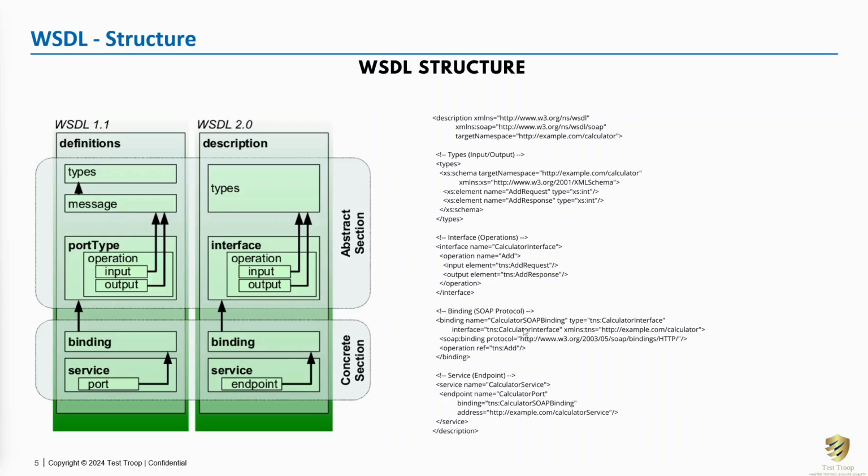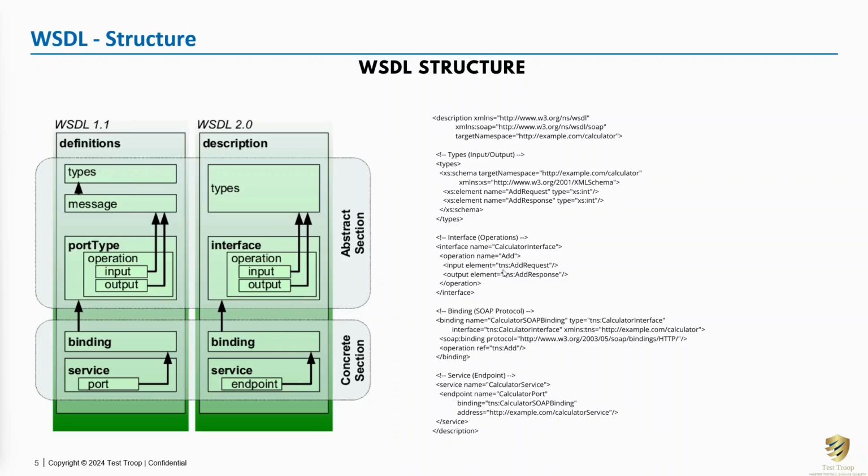The binding section tells what kind of protocol this web service uses. If you see here, it says that the protocol being used is the SOAP protocol, which is of type HTTP. And it also has a mapping to the interface.